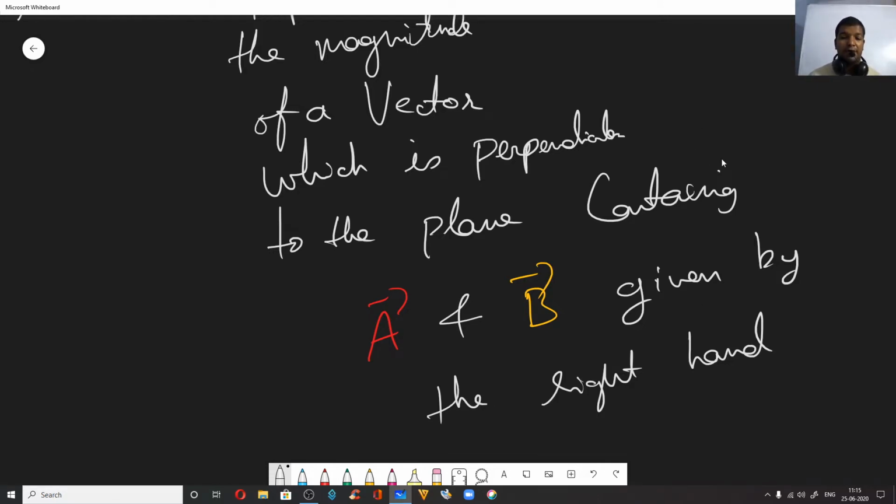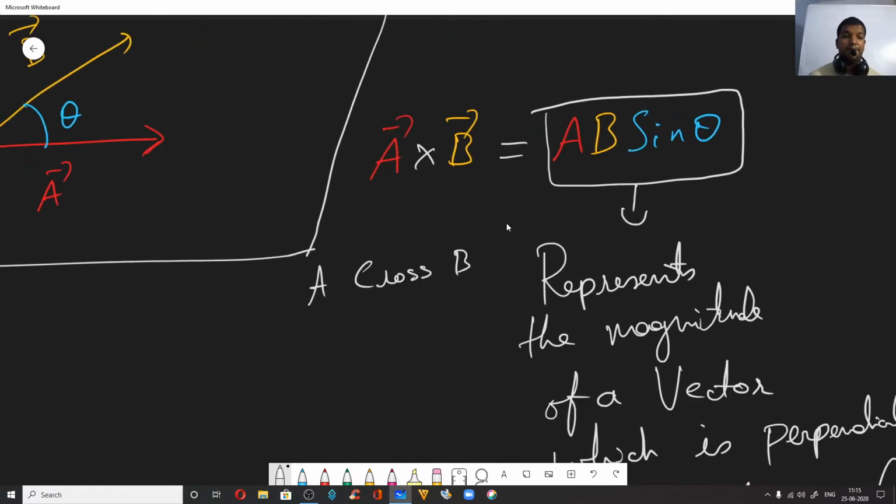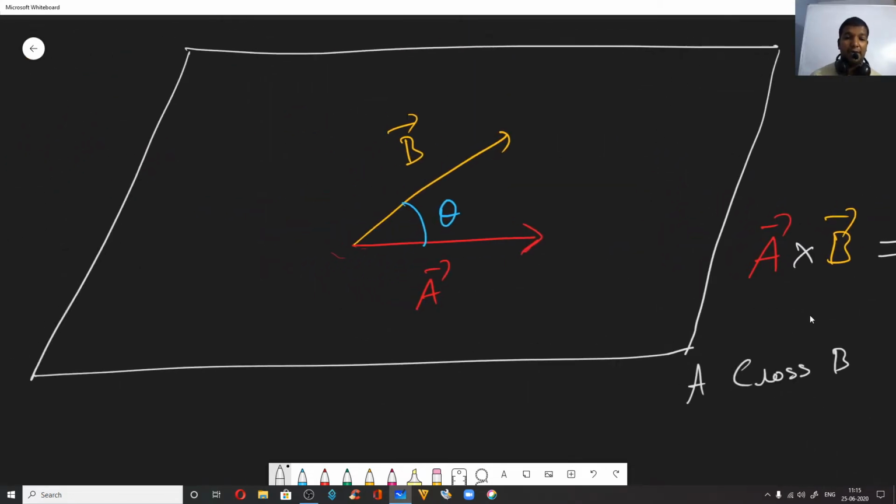Now, when you take A cross B, you can write the result as a vector C. This vector C is perpendicular to the plane containing A and B, and the direction of C will be given by the right hand rule.